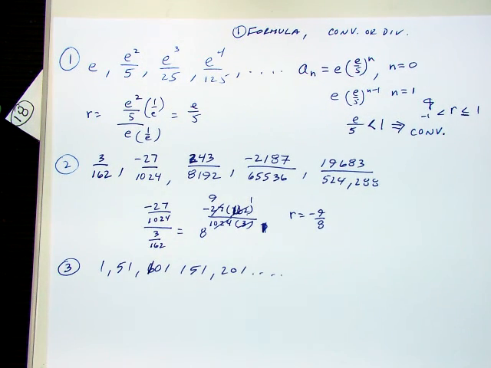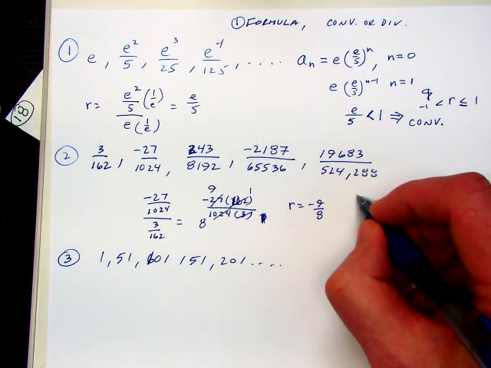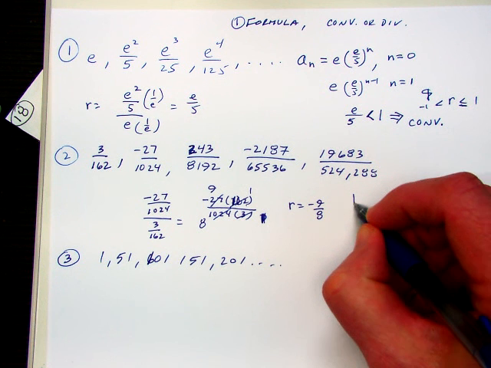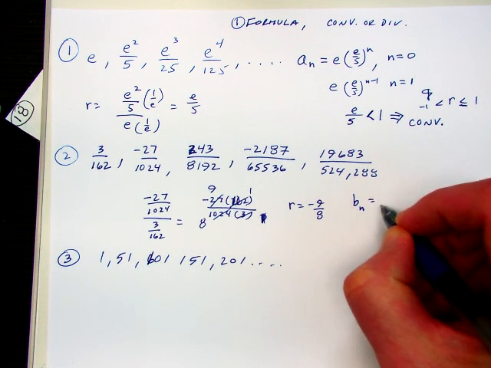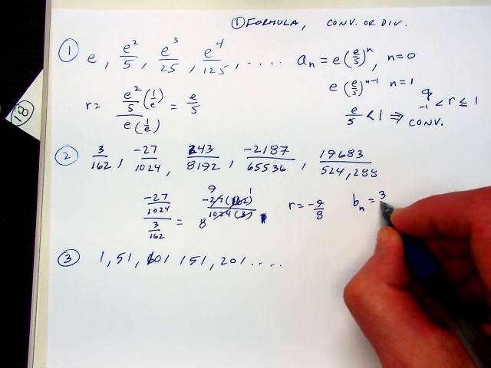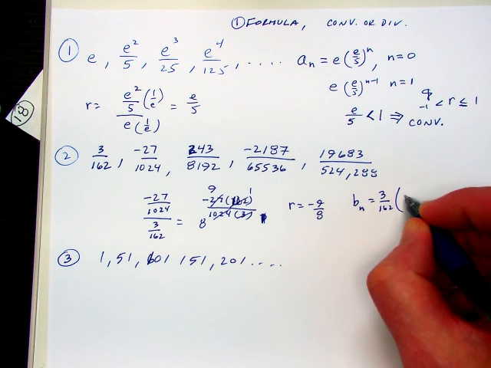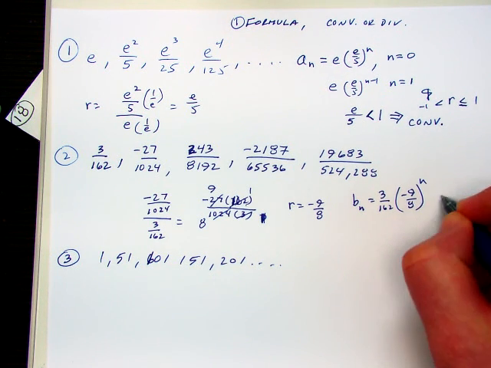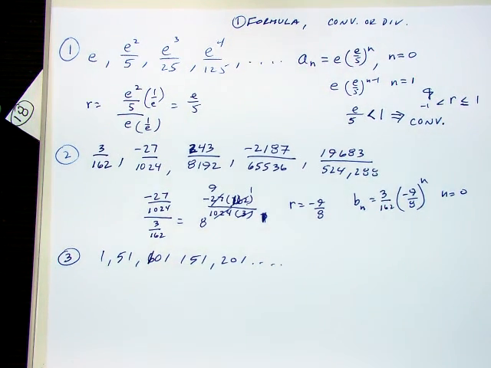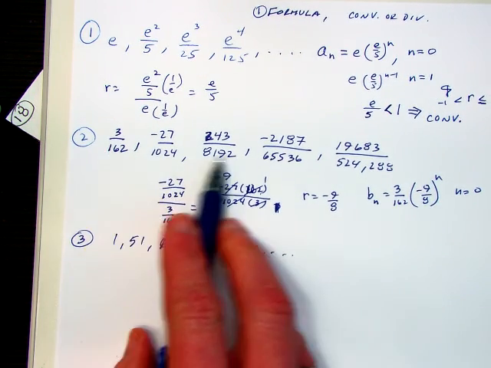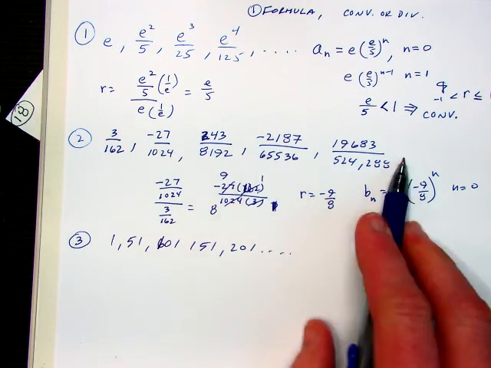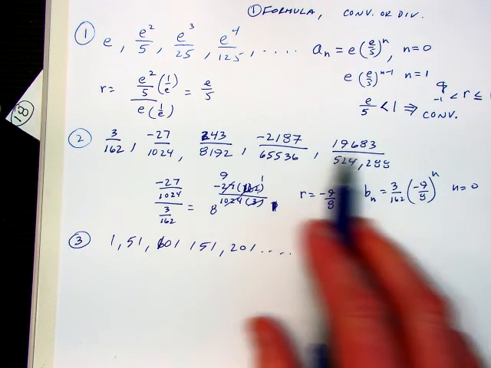Well, that is not in our happy interval from -1 to 1, but our formula, we could call it b sub n, would equal our first term, which is 3 over 162 times -9 over 8 to the n, starting with n equal to 0. This would be much easier to do with a calculator on one like this, and I'd probably give you a calculator to figure this one out.